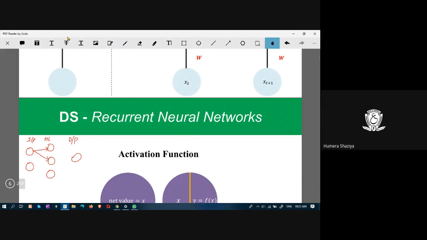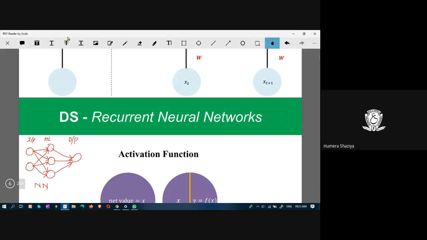Each neuron is connected to all the other neurons in the subsequent layer. This neuron 1 is connected to all the three. This neuron 2 is connected to all the three. And these three hidden neurons are connected with the output layer. This is a neural network architecture.